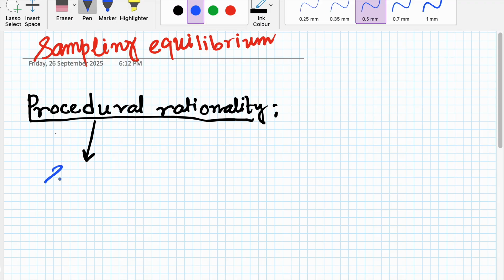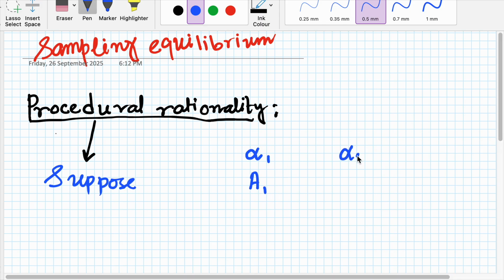Suppose there is a lottery whose prizes are A1 and A2 with probabilities alpha 1 and alpha 2. Alpha 2 is nothing but 1 minus alpha 1.